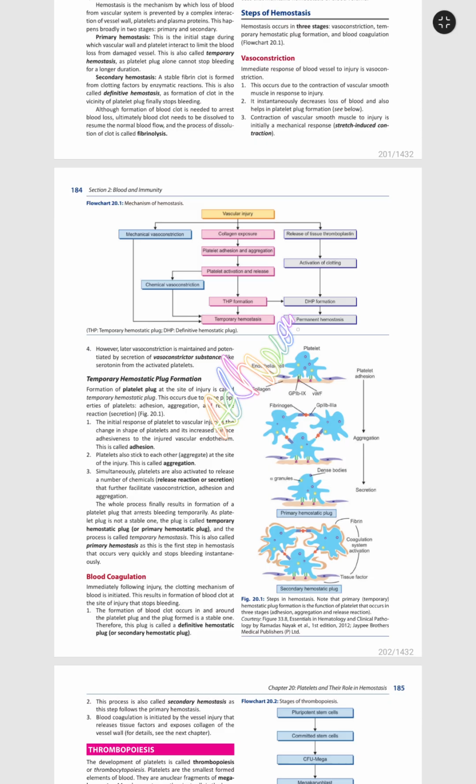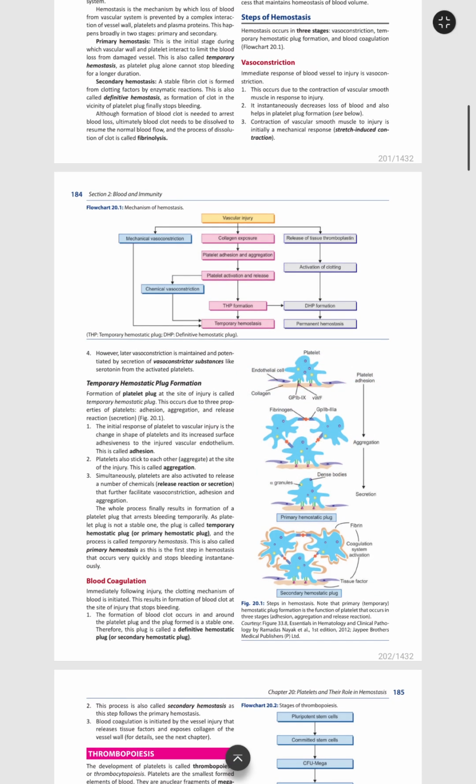The initial response is to adhere to the injured vascular site, and then there is aggregation to stick with other platelets, and then release reaction which further facilitates vasoconstriction, adhesion, aggregation. This forms the temporary hemostatic plug and is therefore called primary hemostasis.